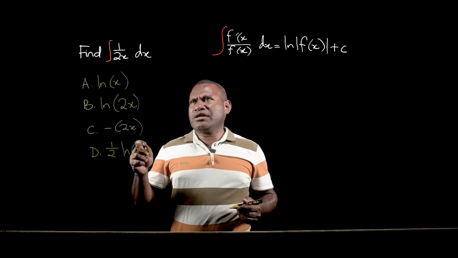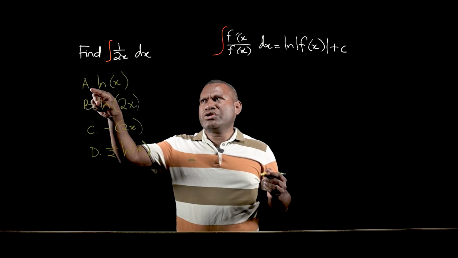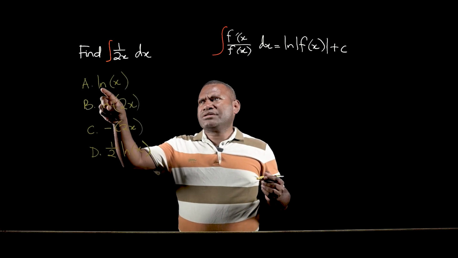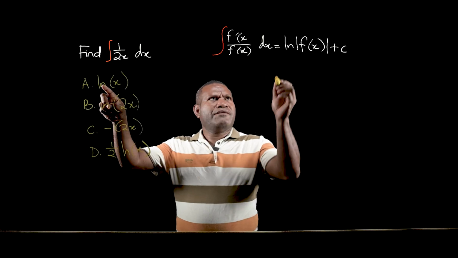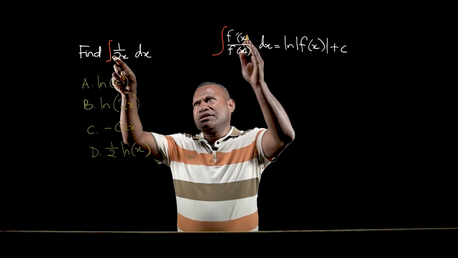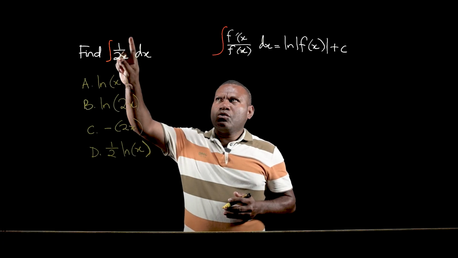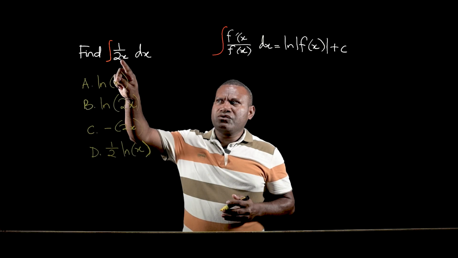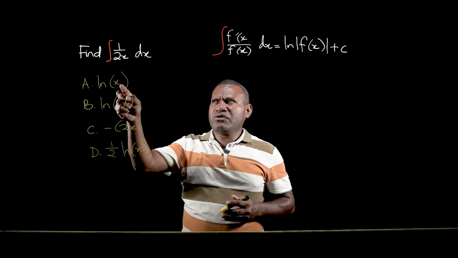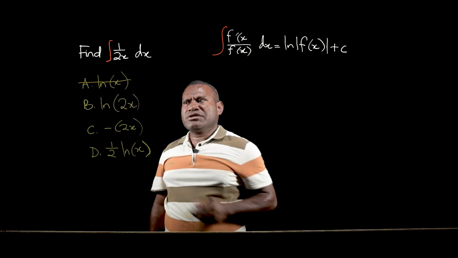If I look at the first choice, A, I have the numerator 1 and 2x. 1 is not the derivative of 2x, so A will be cancelled out.